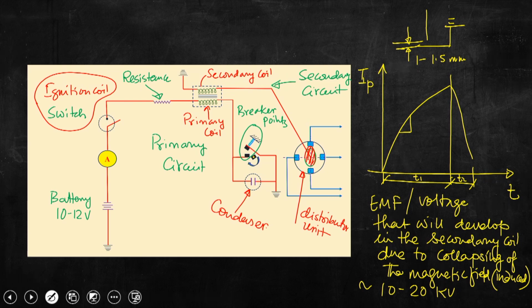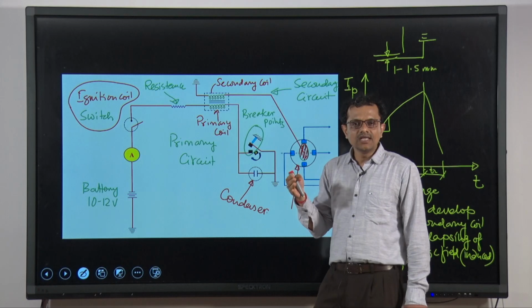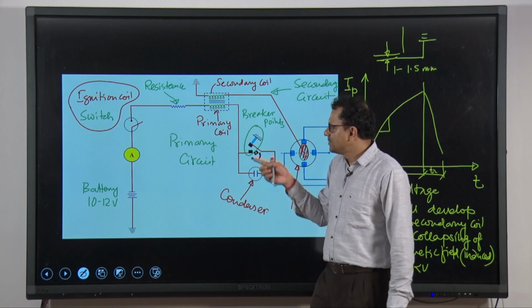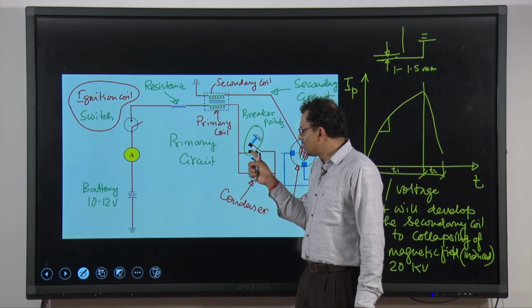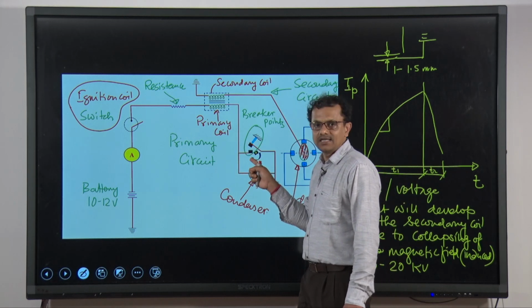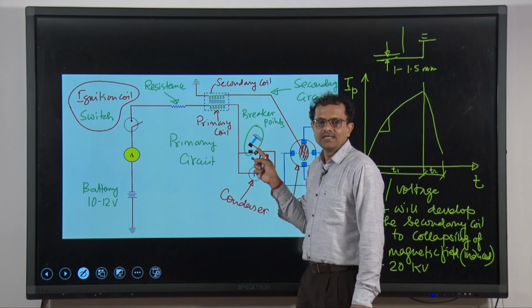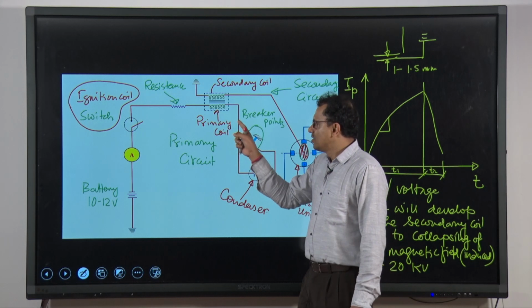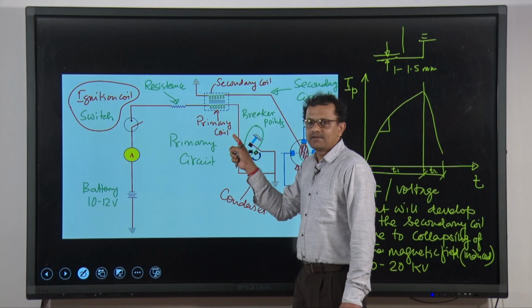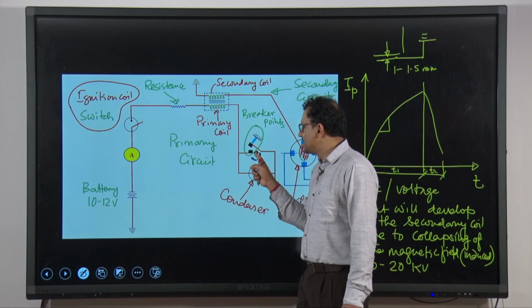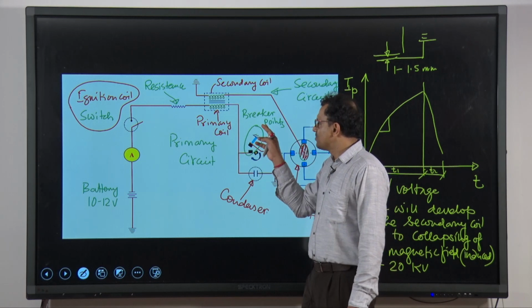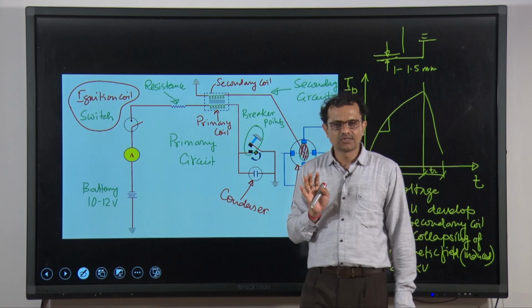The breaking and unbreaking, or closing and opening, of the primary circuit, which in the circuit is done by these breaker points, in the electronic ignition system is done by the sensor. So, breaker points are replaced by a sensor, that is all.